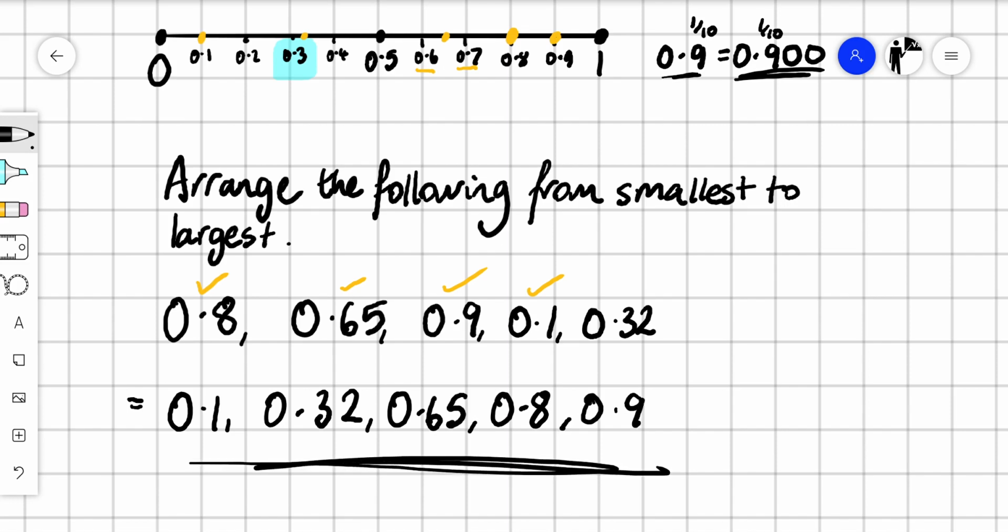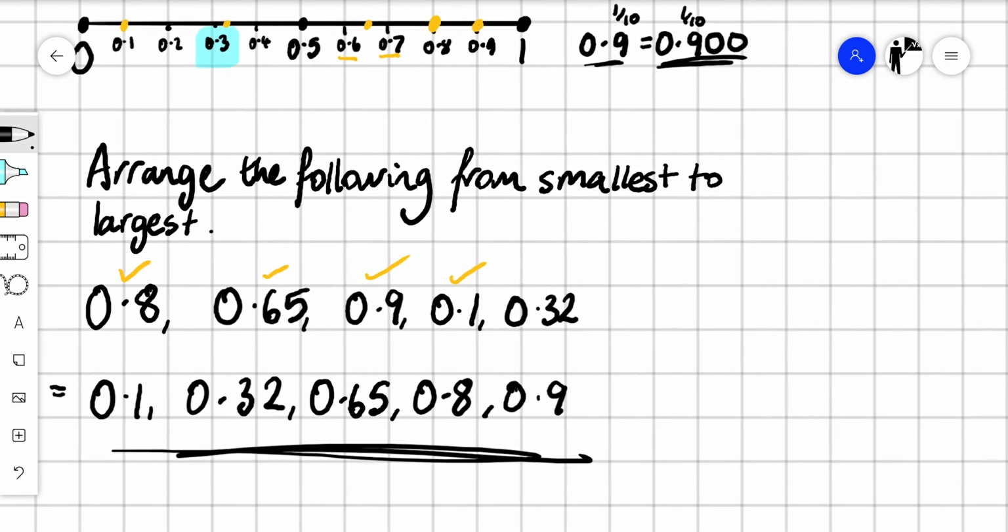But sometimes we're not always going to have a number line that we can physically mark on, and we need to have a strategy to cope with this. Can I tell you the mistake that happens here? People say that 0.65 is bigger than 0.9. Hopefully it's quite obvious why they do that. They look at this and say, that's 65 and that's 9, and 65 is bigger than 9.